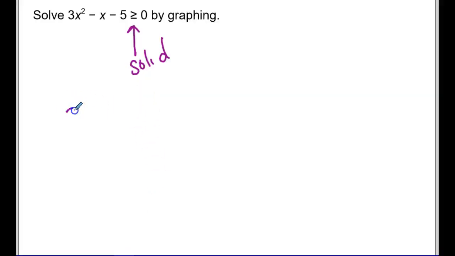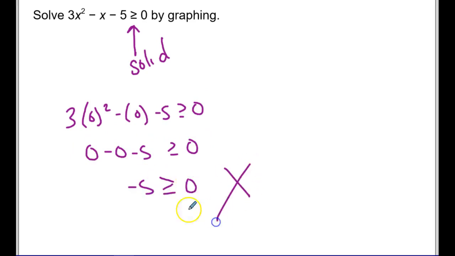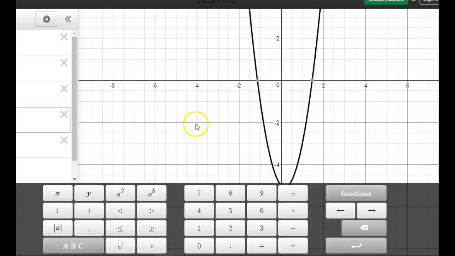So 3 times 0 squared minus 0 minus 5 greater than or equal to 0. So 0 minus 0 minus 5 greater than or equal to 0. -5 is not. So I will not graph where the origin is. That means I'm going to be graphing everything outside of where the origin is. Since the origin's inside the parabola, I go ahead and graph what's outside the parabola.